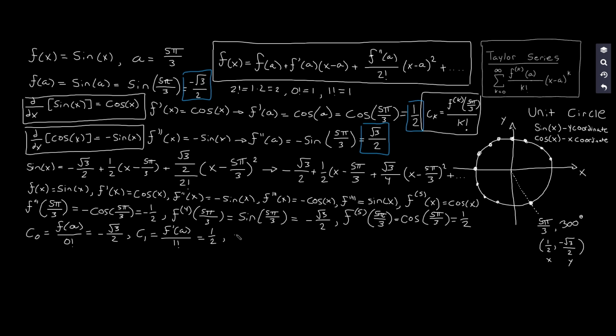Then we go ahead with our c sub 2. C sub 2 is f double prime of a over 2 factorial. That's going to be root 3 over 2 over 2, a complex fraction, reciprocate, and we could do that in our heads because we're going to get root 3 over 4.